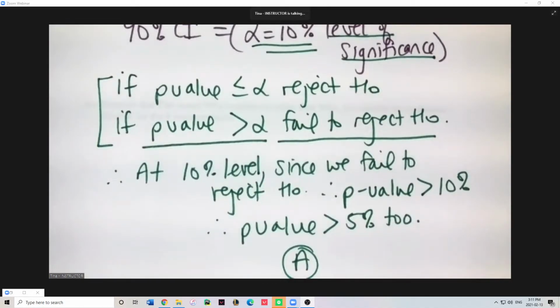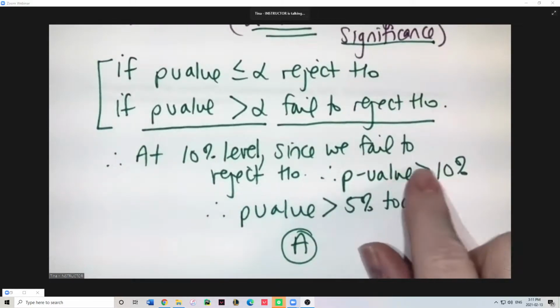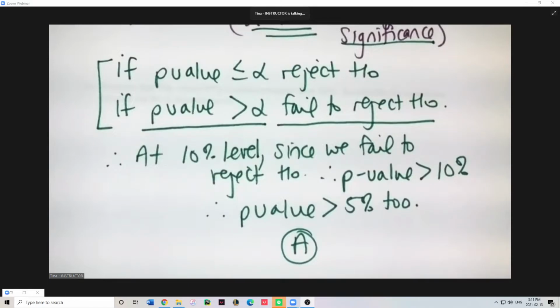Okay, questions? Question: if a question gave a p-value at 10% and asked for the 5, would we divide by 2 and multiply by the new one? No, so you can't work out a p-value based on these.